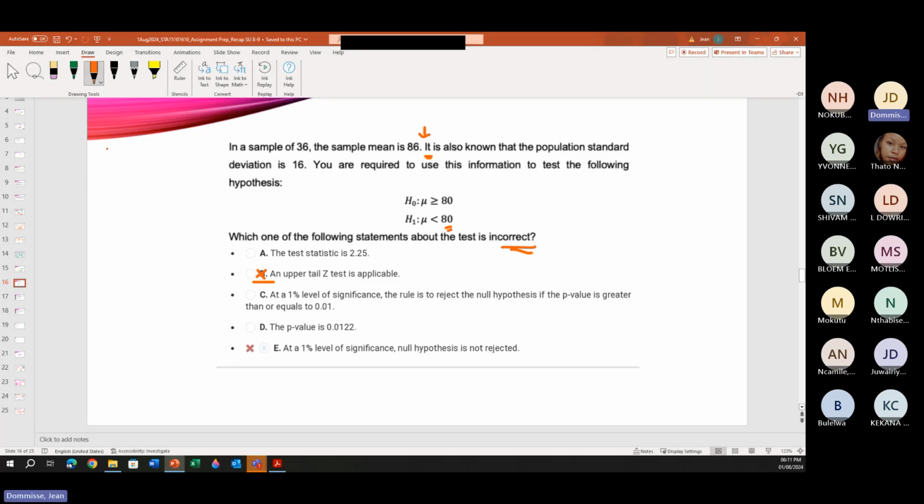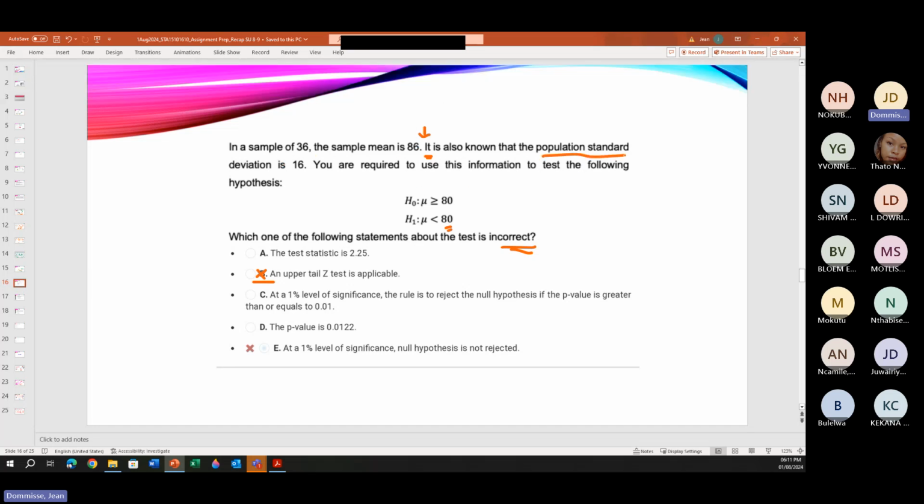So let's just quickly see if it's a Z or T. Sample mean, population standard deviation. Population standard deviation means that we are working with a Z and not a T. So then we're working with this formula.